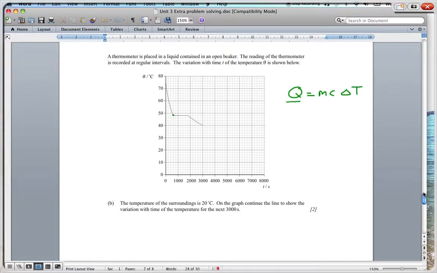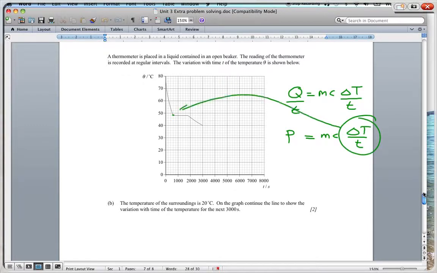Obviously when we're talking about power, we can divide by time on both sides, and that becomes power is equal to MC change in T over T. Now this value over here we can actually get from the graph, because here you've got your temperature, and here you've got your time. So the slope of this graph actually gives you this value at that point.